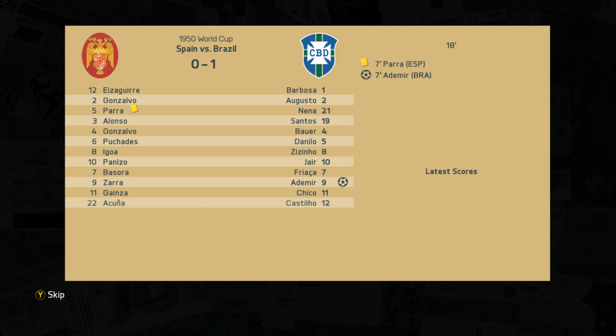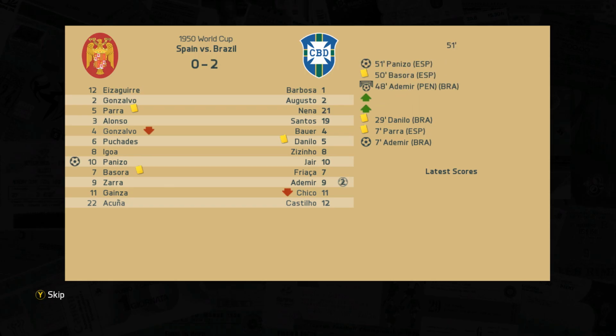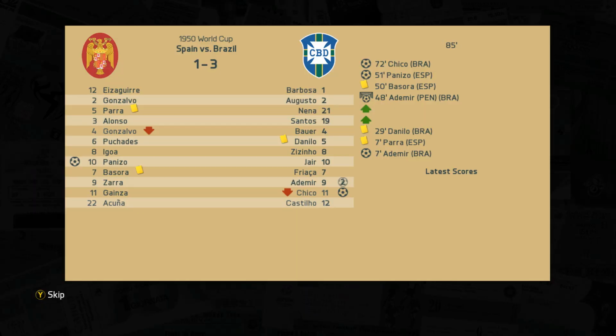Brazil taking an early lead. 2-0 to Brazil, but Spain pull 1 back. Brazil score again, 3-1. Running out of time. That's how it finishes. Brazil get a 3-1 win over Spain.